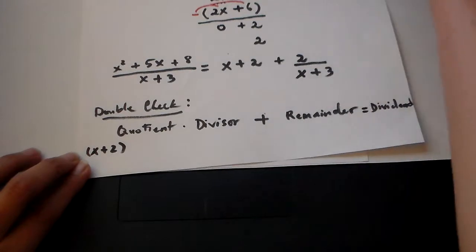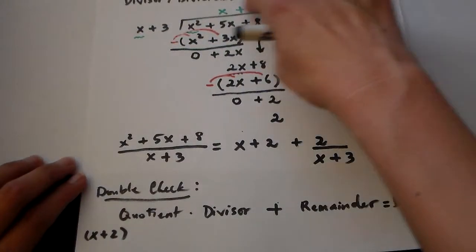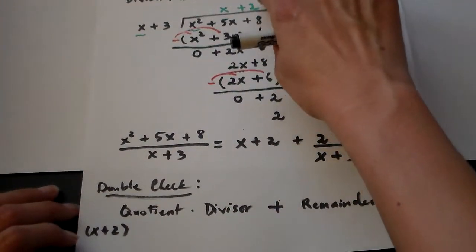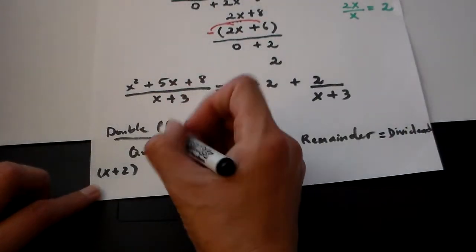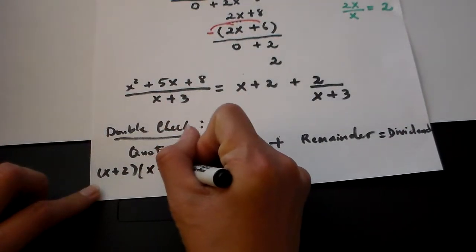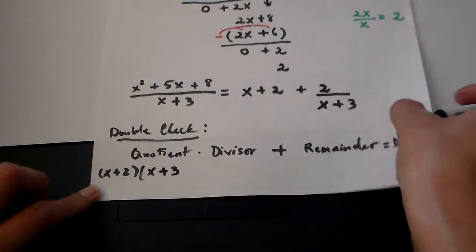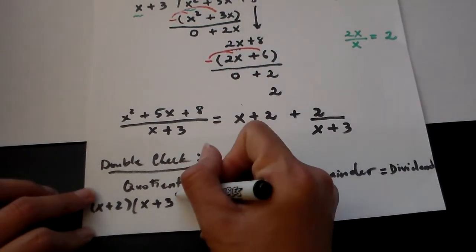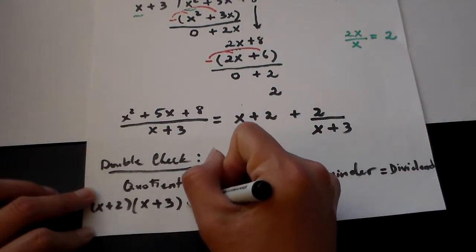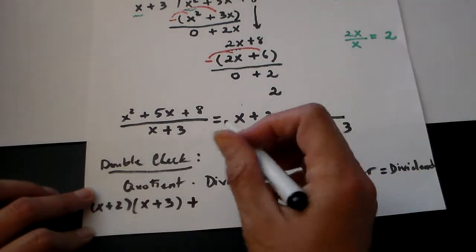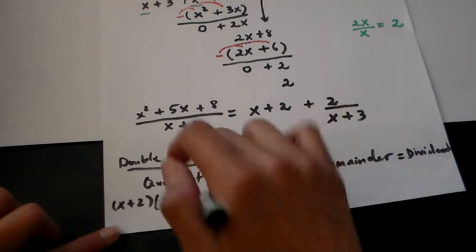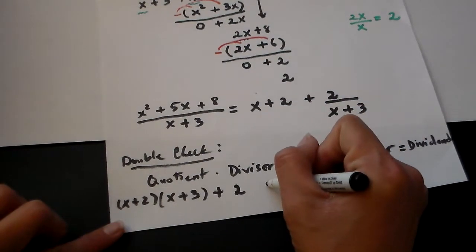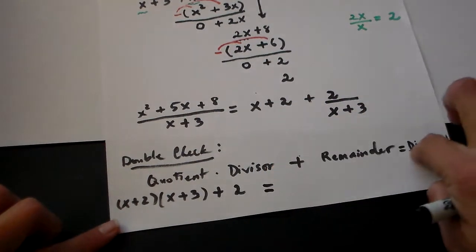Okay, x plus 2 on top. Multiply this quotient x plus 2 by the divisor, which is x plus 3. Add the remainder. The remainder we got is 2. You want to simplify all this, and what you got should equal the dividend.